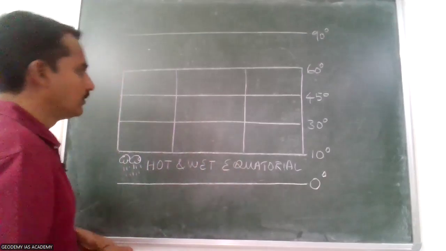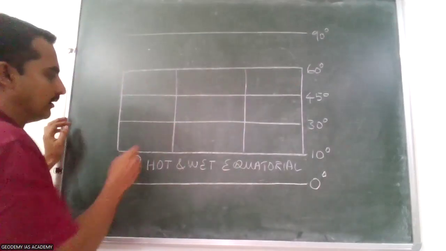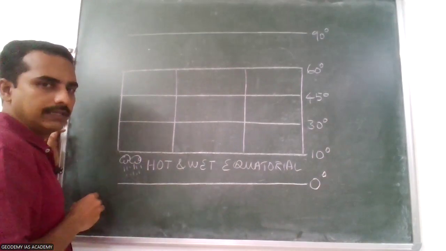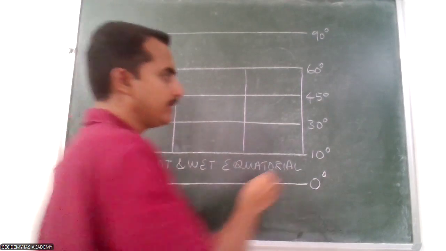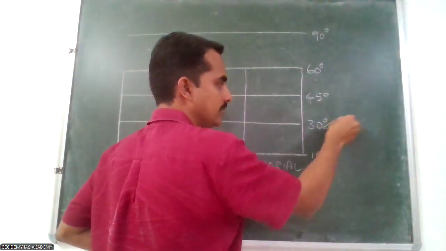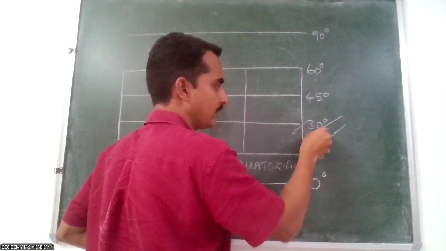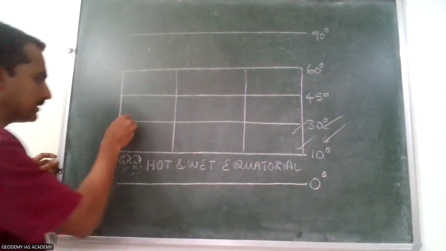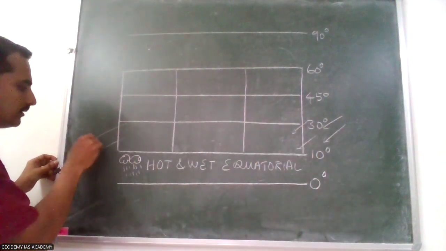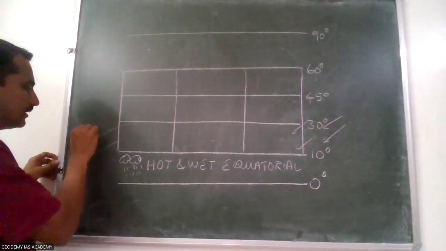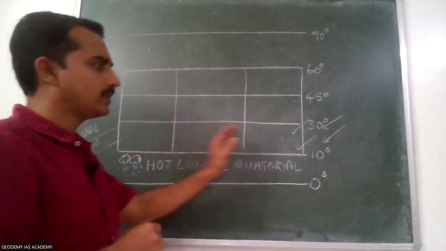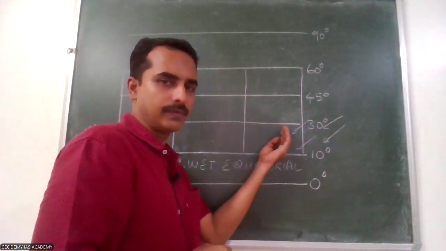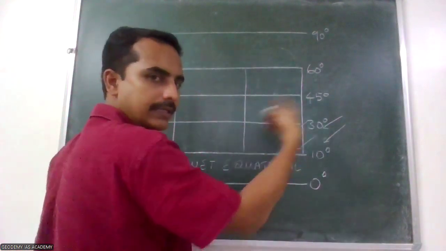Now this region here, the 10 to 30 degree. Here we know that the trade wind blows in this direction, right? So remember it. The trade wind in the eastern part is from sea to land. Consider this as the land, and either side sea.